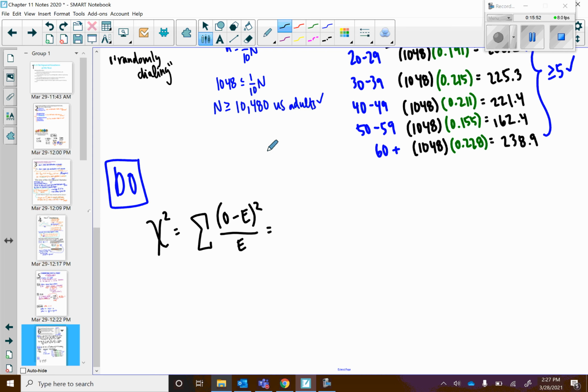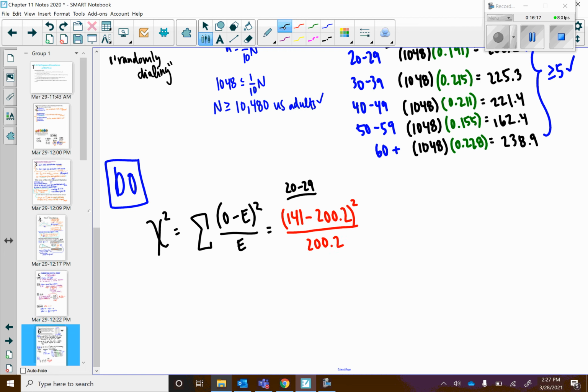We would start with our observed minus expected for the 20 to 29 age group. And so our observed in that group was 141 minus our expected, which was 200.2, squared, all over the expected 200.2.